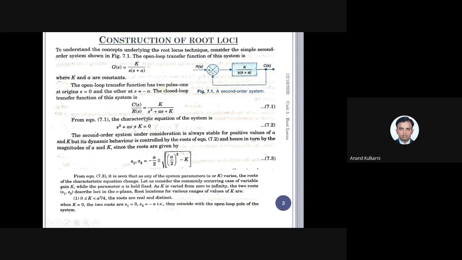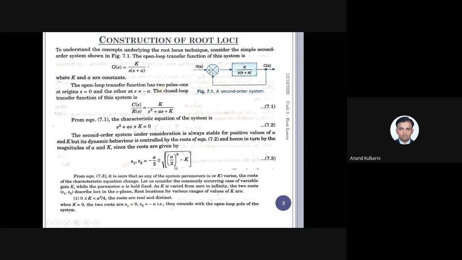If we take the denominator of the closed loop transfer function and equate it to 0, that is called the characteristic equation, which you are very much familiar with from the Routh stability criterion. So I will equate it to 0. That means s square plus 2as plus K is equal to 0. It is a second order equation, so it will have two roots, s1 and s2, which is equal to minus b plus or minus under root of b square minus 4ac, divided by 2a.